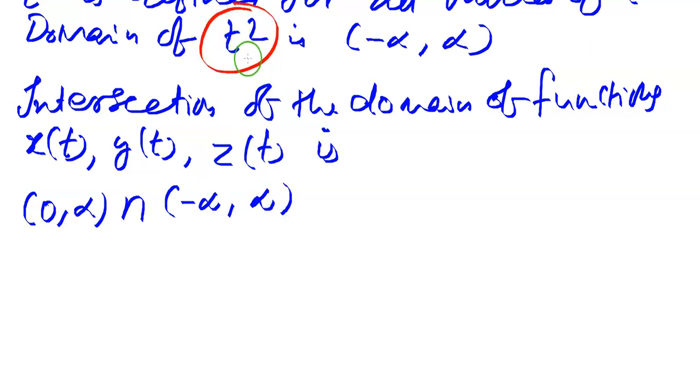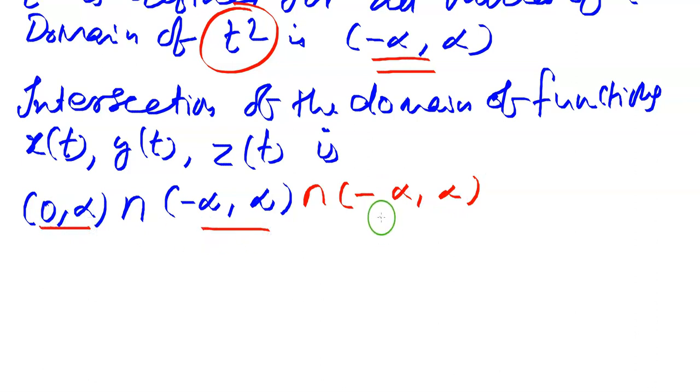Z of t, t square, the domain of t square is minus infinity to infinity. Intersection minus infinity to infinity. What is common in all three terms is 0 to infinity.